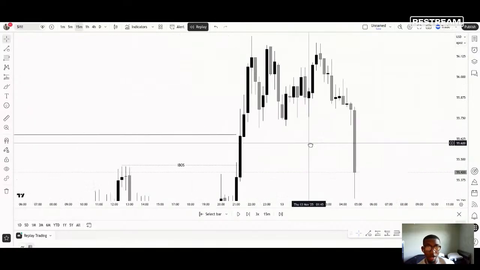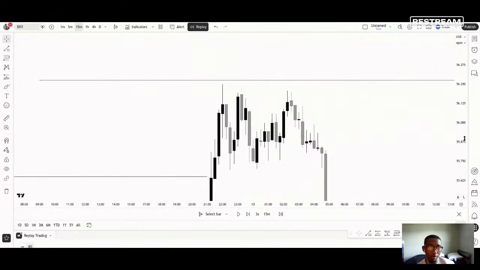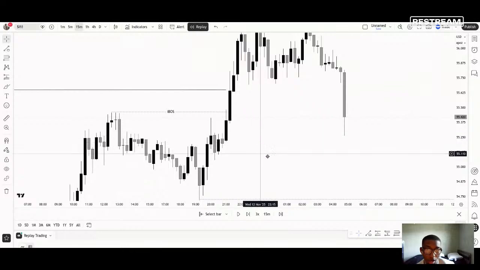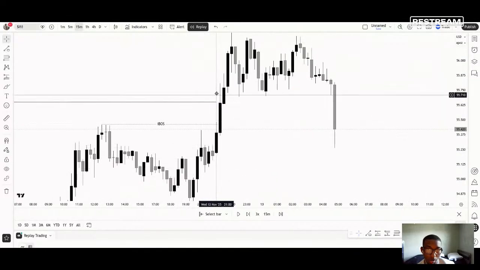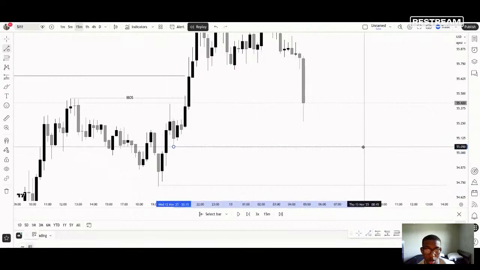But if I really look at price, I can maybe even find a minor break of structure or an internal break of structure. Right. Honestly, let's see. Price comes down, it goes up. It comes down a little bit, it goes up, but not really in this area. So honestly, I can say this is my last 5 minute break of structure.